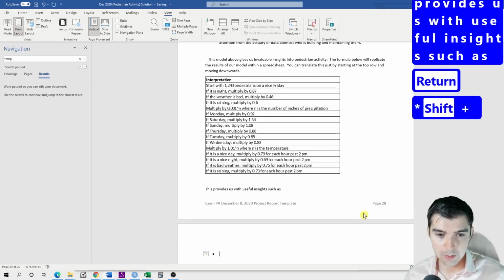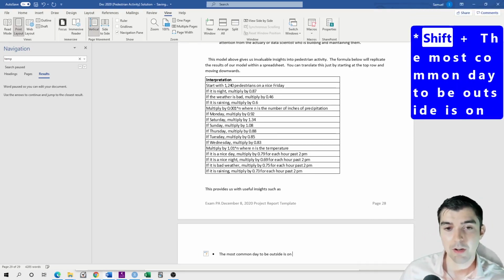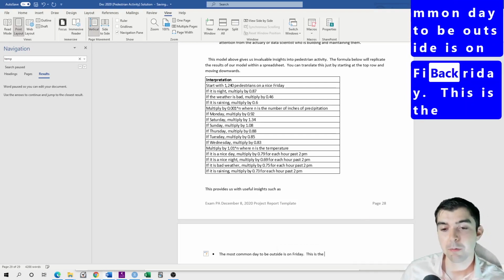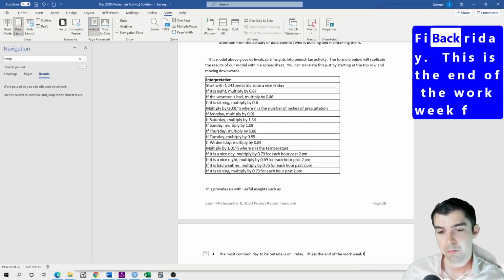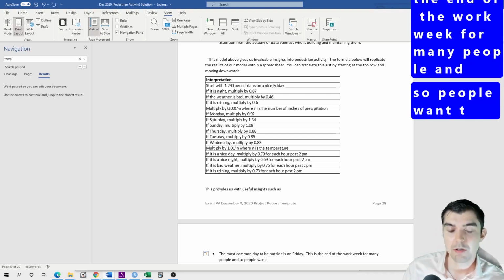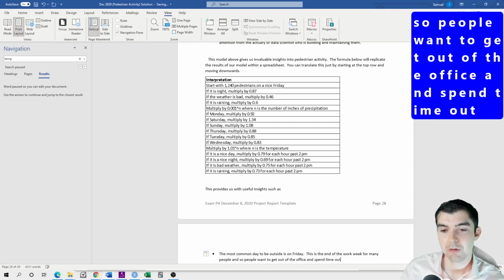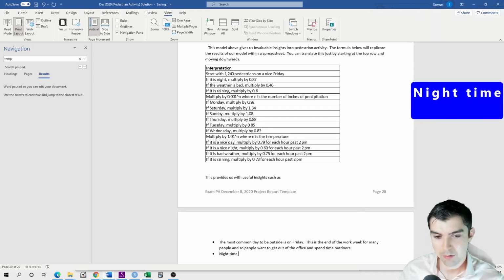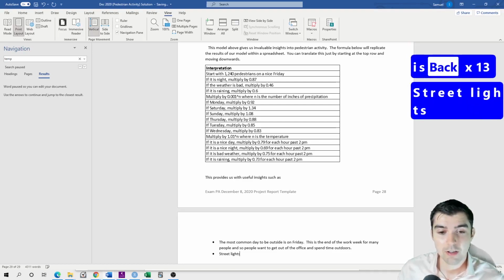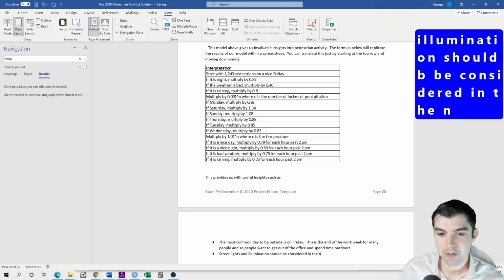The most common day to be outside is on Friday. This is the end of the week for many people, and so people want to get out of the office and spend time outdoors. If it is night, nighttime is darker. So what we should be considering is street lights and illumination in the new locations.